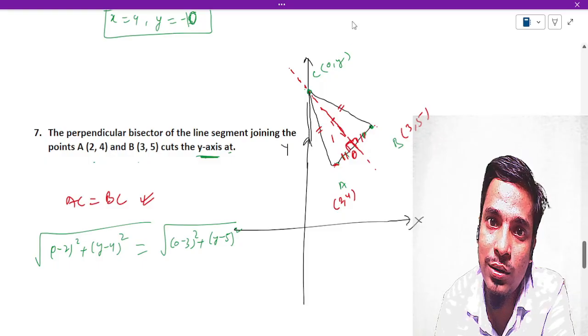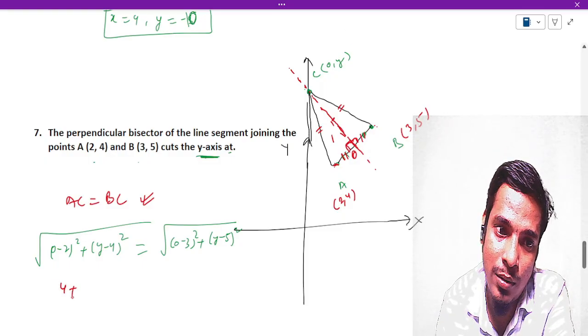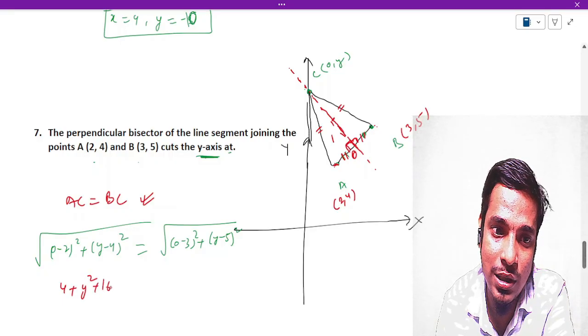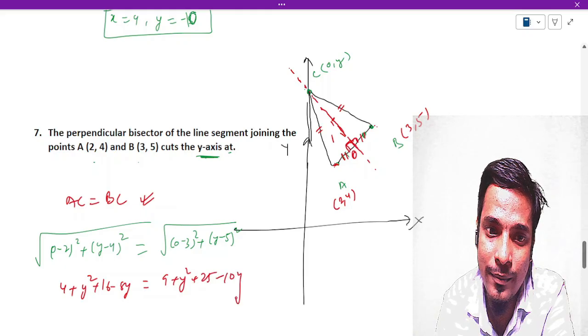Now the roots on both sides will cancel, right? So we are left with 2 square, meaning 4, plus y square plus 16 minus 8y, and on the right this is 9 plus y square plus 25 minus 10y.